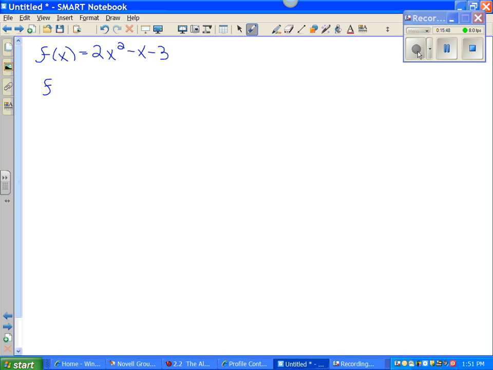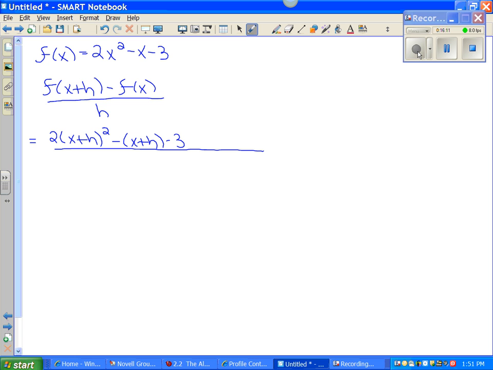And again, our difference quotient is f of x plus h minus f of x over h. So we're going to plug in. f of x plus h becomes 2 times x plus h squared minus x plus h minus 3. Notice I'm keeping my parentheses. Minus 2x squared minus x minus 3. Again, notice I'm keeping the parentheses, over h.